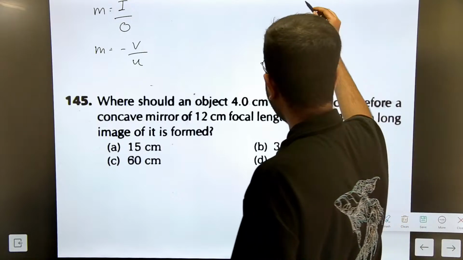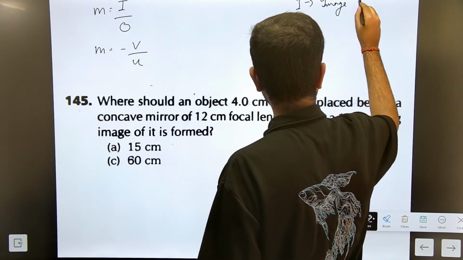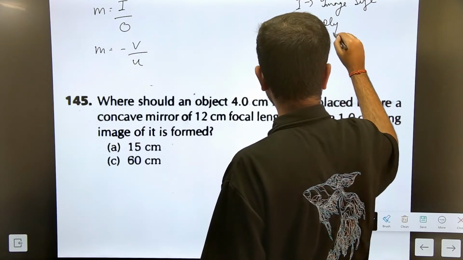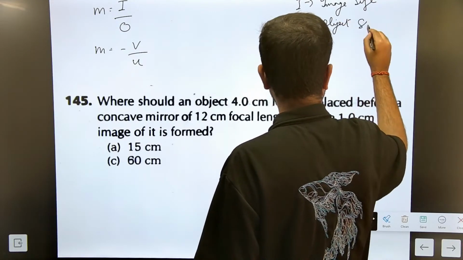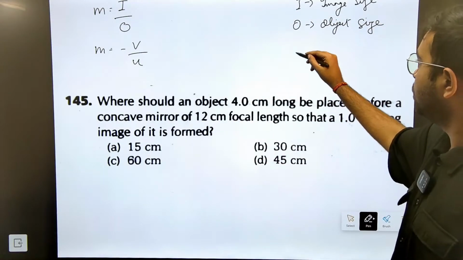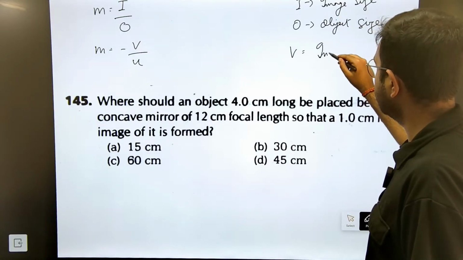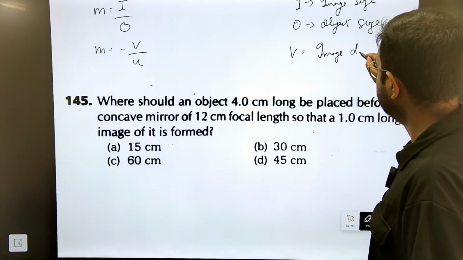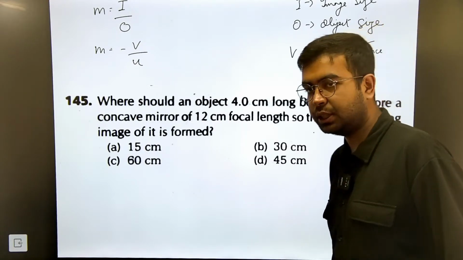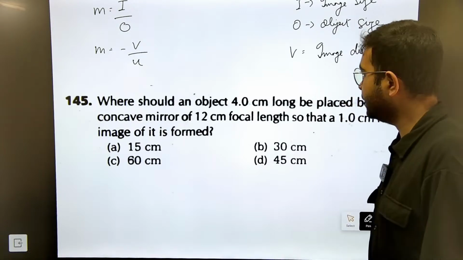यहाँ पे I क्या है? I is image size, O is object size, ठीक है. V is image distance. Distance from what? The distance of image from the center of curvature which I showed you in the diagram, ठीक है.